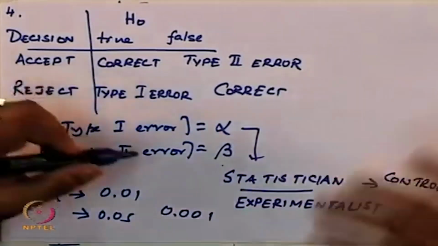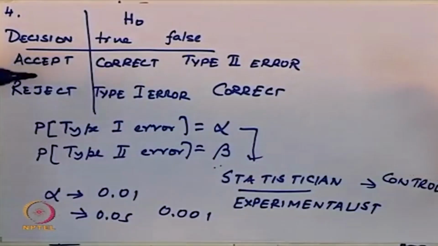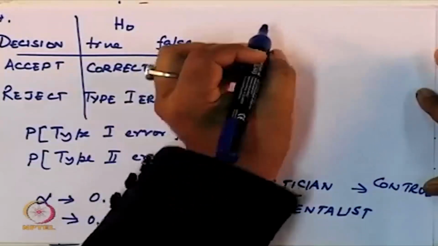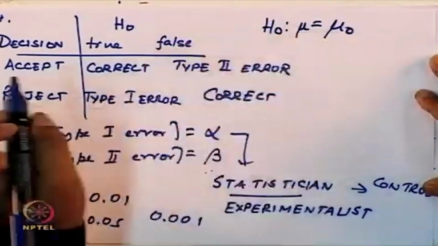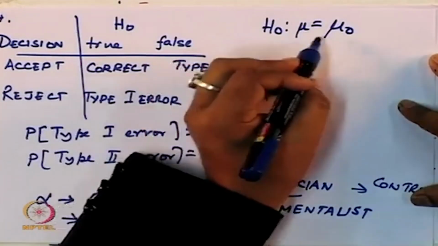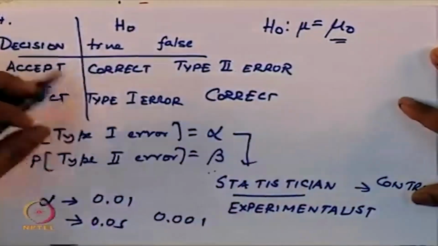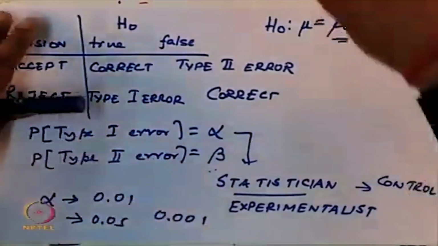Why? Because beta is your type 2 error, which is that you are accepting H naught when it is false. So, your H naught is mu equal to mu naught. If your H naught is false, you have no idea of what the value of mu is. So, how can you go about setting the value of beta? This is very difficult to know.